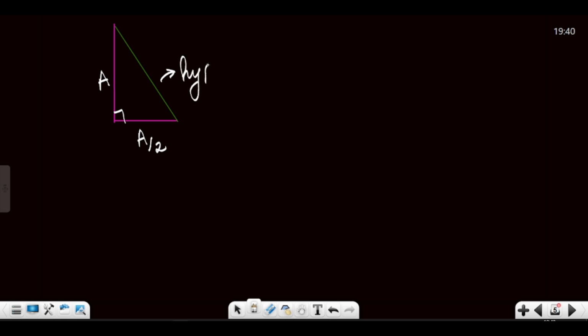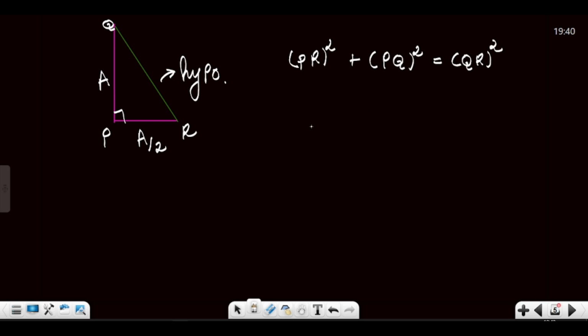Okay, so how can we get the hypotenuse? Let me name this P, Q, R. As we all know, the Pythagoras theorem: PR square plus PQ square will give us QR square.